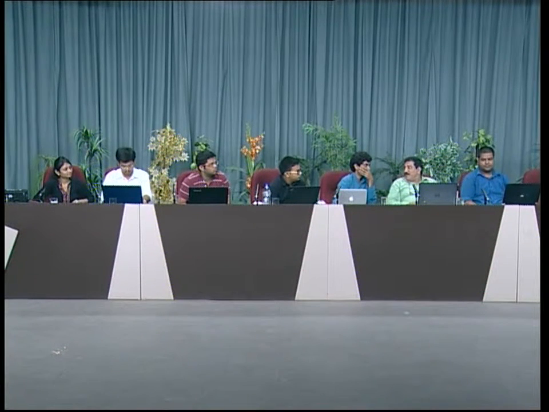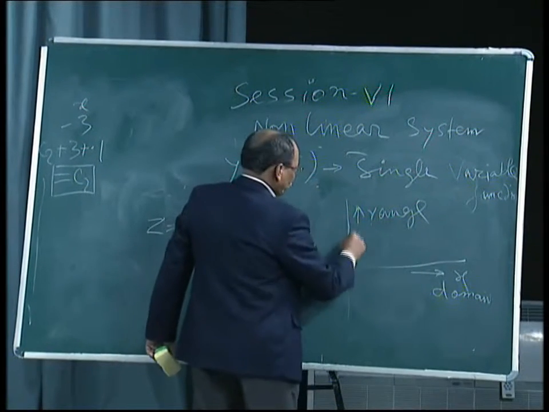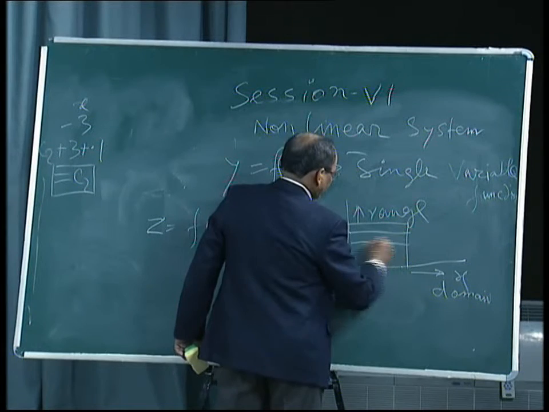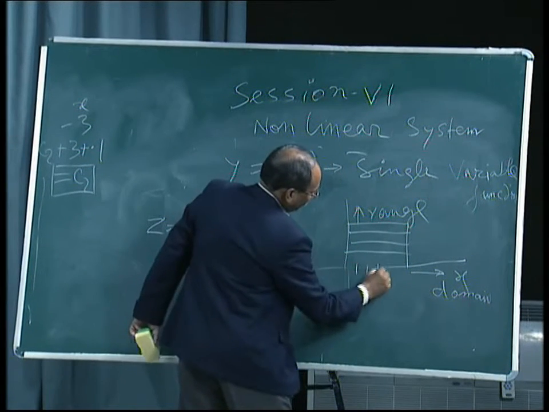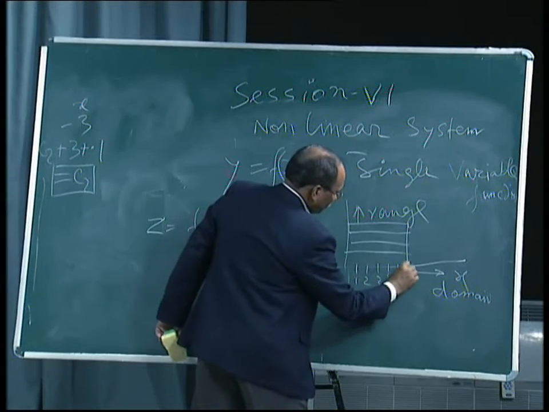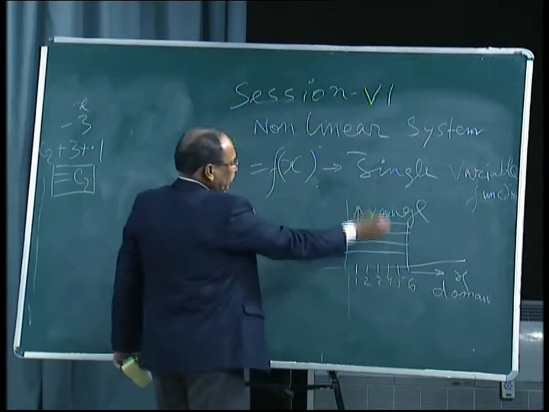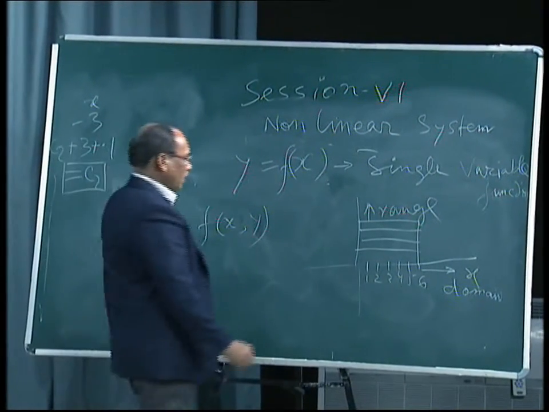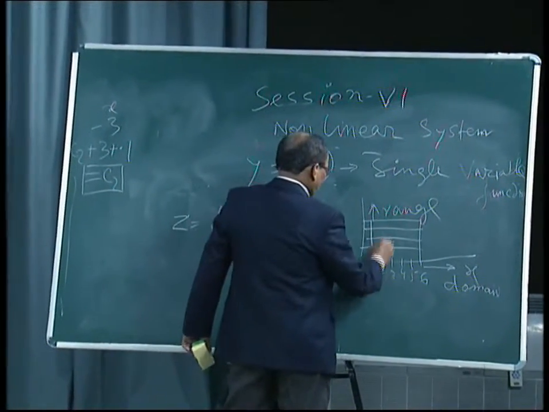So, your x goes as usual, this will be your y. So, suppose this will be like that. Earlier we were telling 1, 2, 3, 4, 5, 6 like that, and corresponding y you are calculating, but now you have multiple.